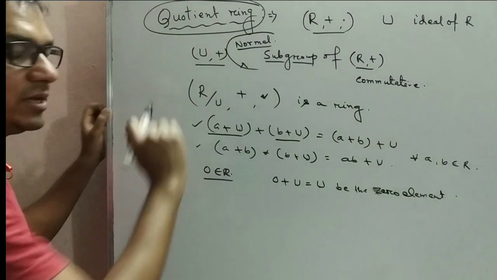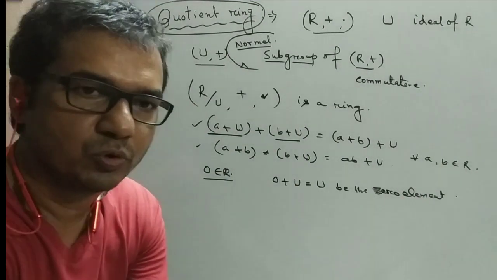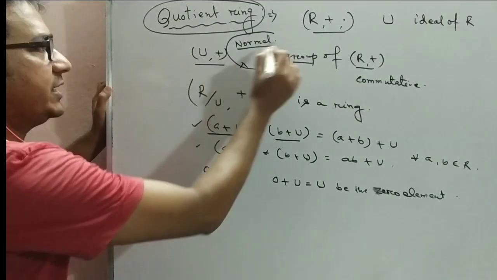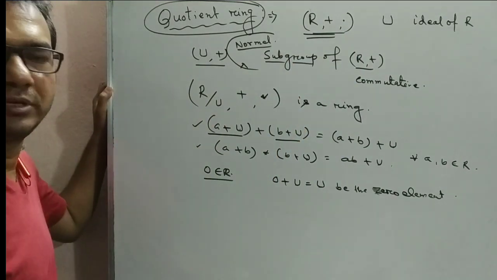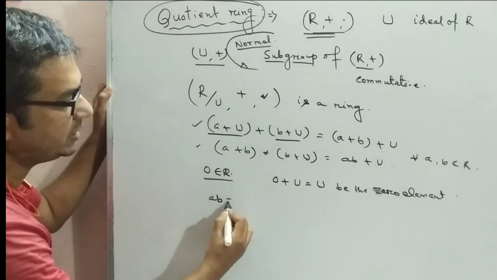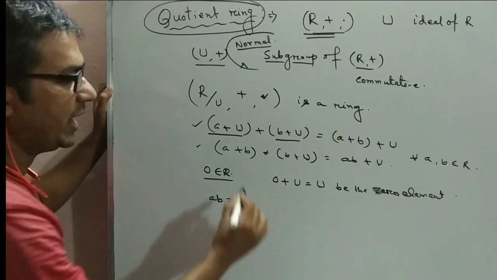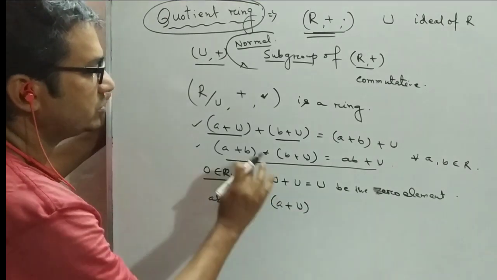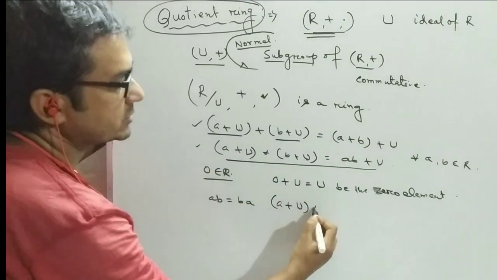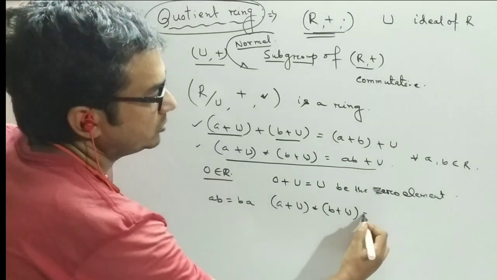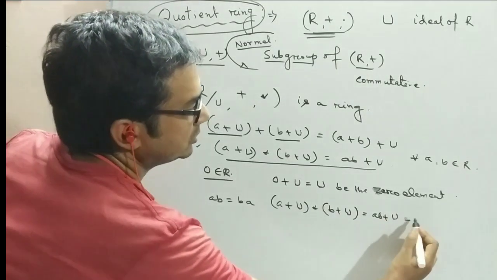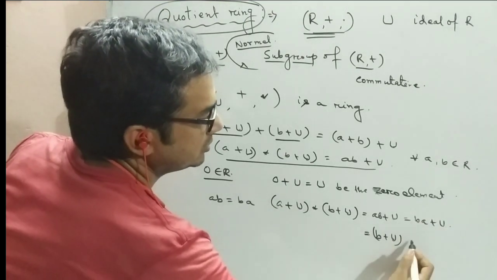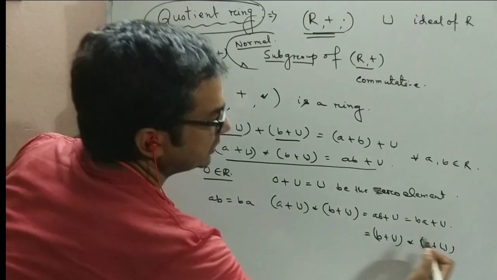Zero element in the quotient ring. Also, if this ring is commutative, then AB equals BA, and from this property we can write (A + U) * (B + U) = AB + U = BA + U = (B + U) * (A + U).